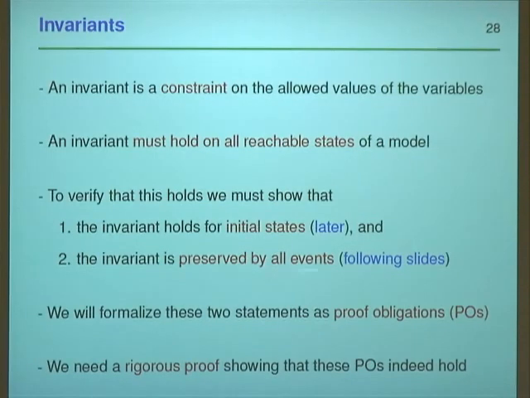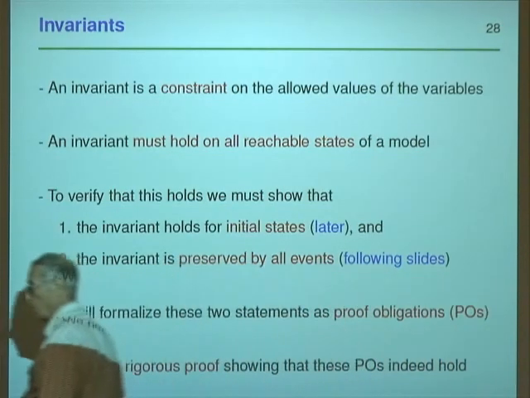I have to define the initial state. And the invariant is preserved by all events. So we have to prove that this is preserved by all events. And so we will formalize these things by proof obligations, POs. These proof obligations are completely systematic. And we need a rigorous proof showing that each proof obligation indeed holds.